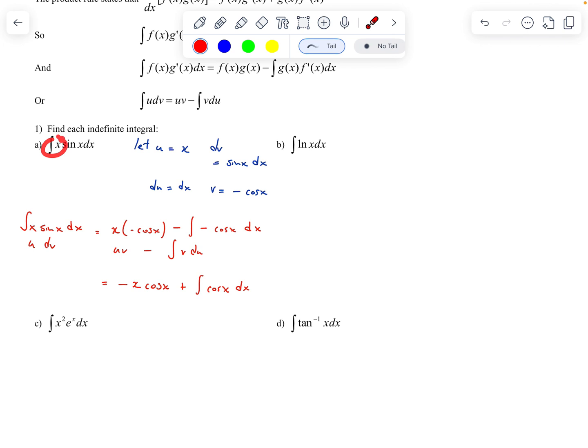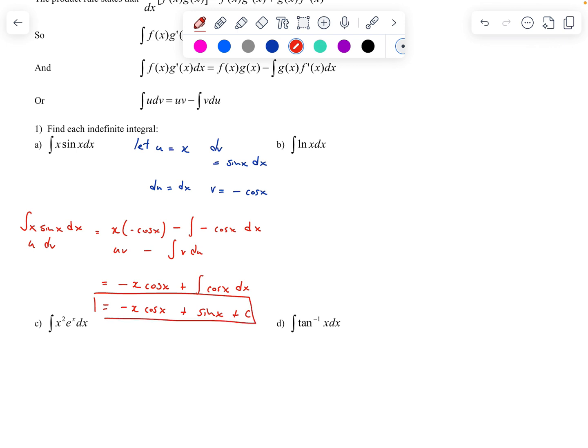If I took this x and differentiated it and integrated the other part, that would make an easier integral than the integral I started with. And there's the answer.